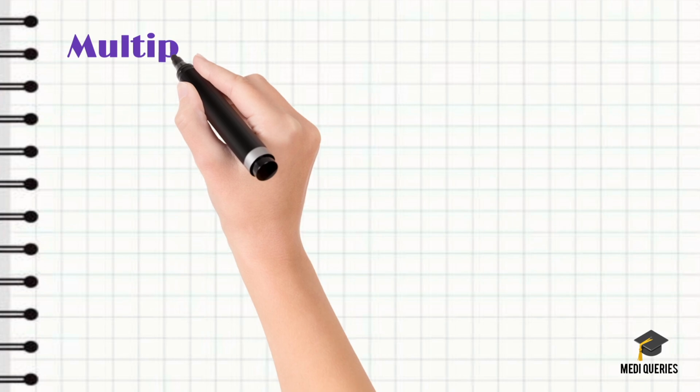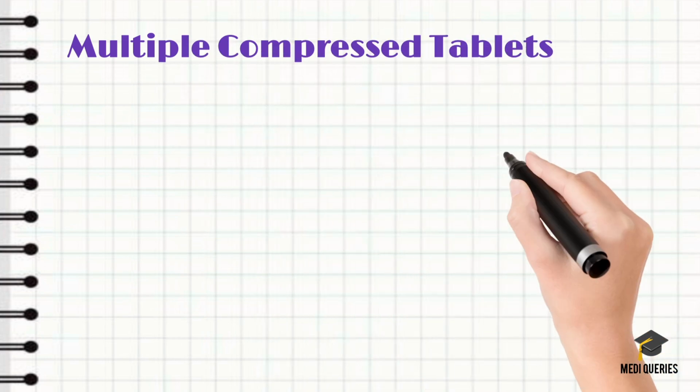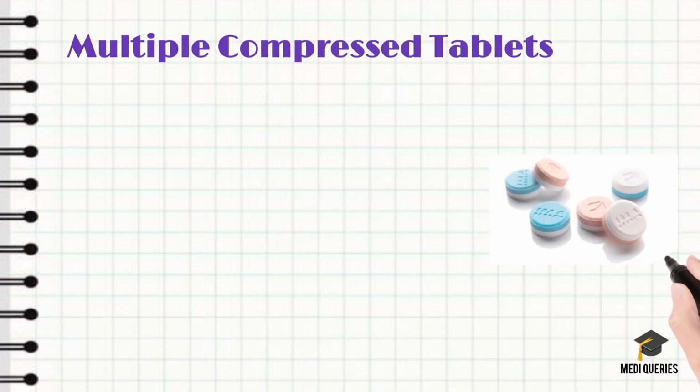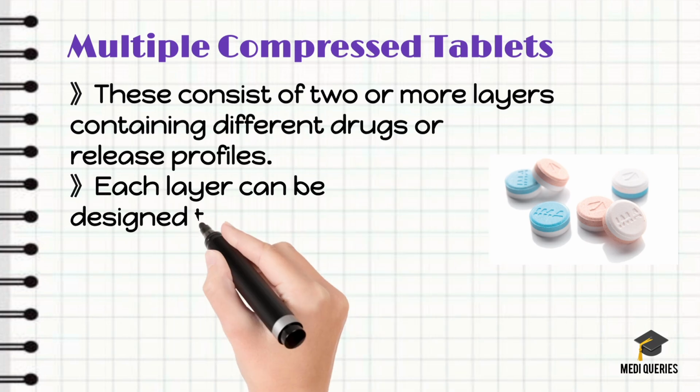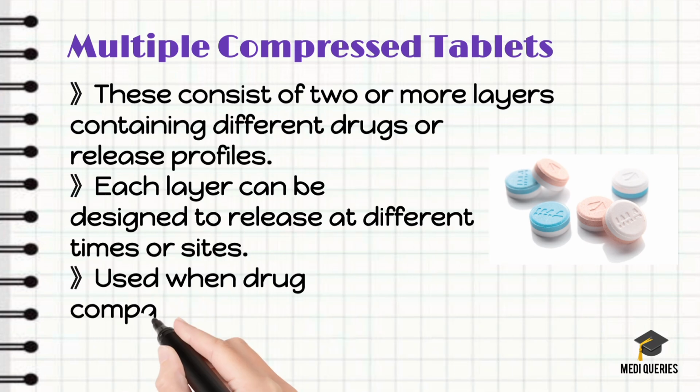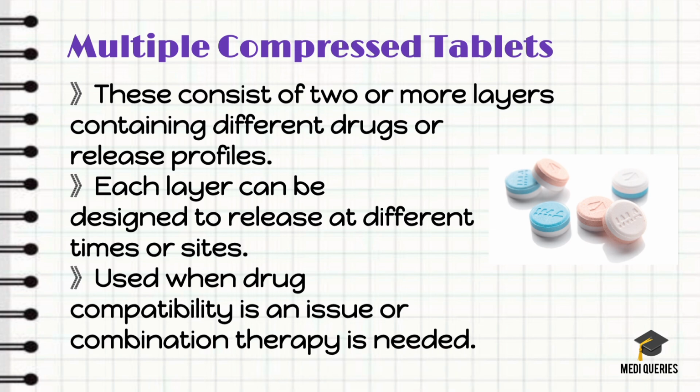And next one is the multi compressed tablets, that is MCTs. These consist of two or more layers of materials compressed in stages. They include layered tablets or compression coated tablets, also called core tablets. One layer may be an immediate release dose, while another provides extended release.